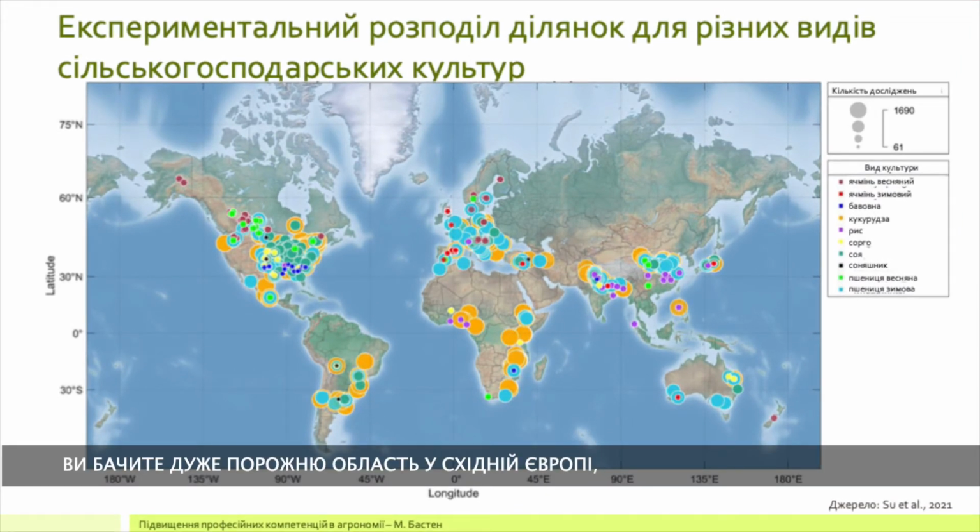You see a very blank area in East Europe, and also, unfortunately, no data from Ukraine. I don't know whether there is no research, or I guess it's probably because it's not published in English. So of course there will definitely be good information from studies in your area.